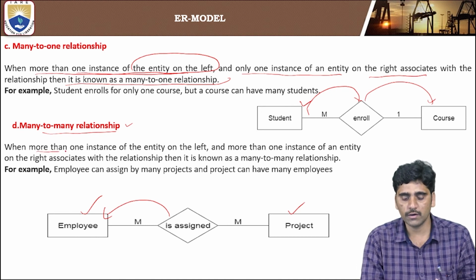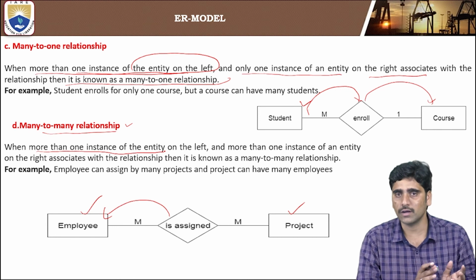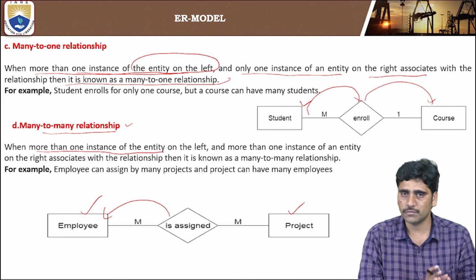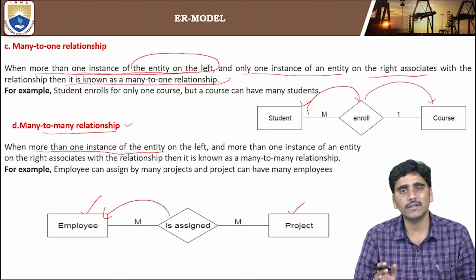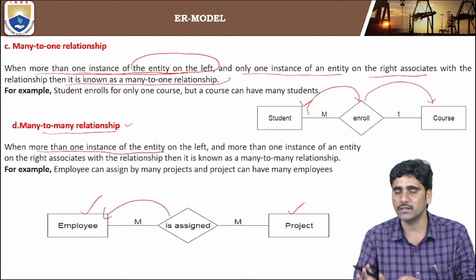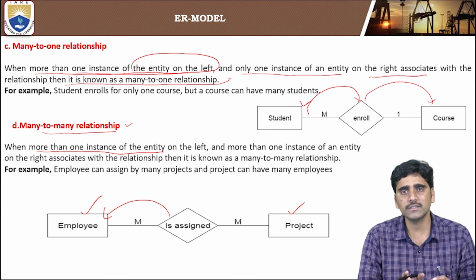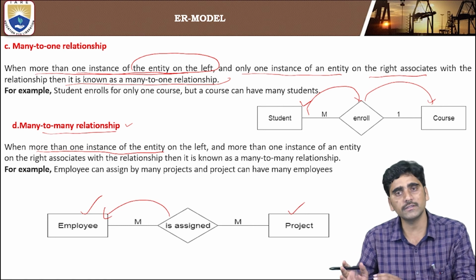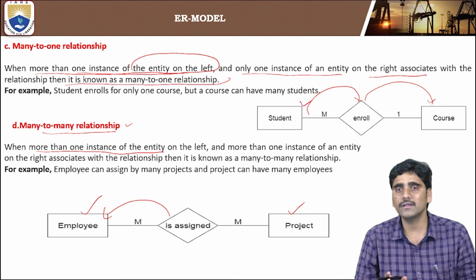So from this we can understand that multiple instances from the left side are going to be related with multiple instances of the right side. Then the relationship is going to be a many to many relationship.